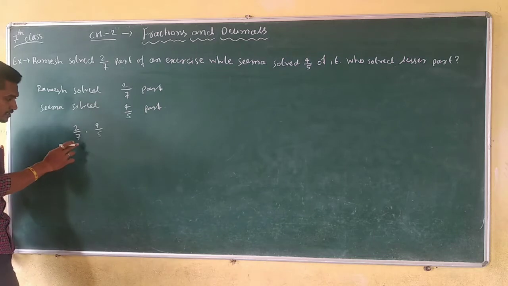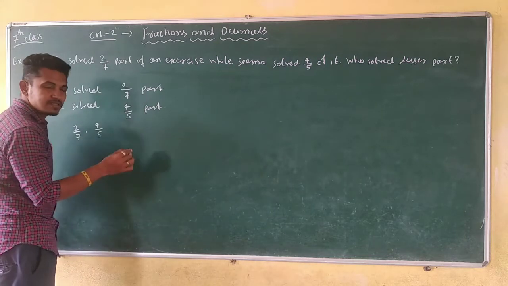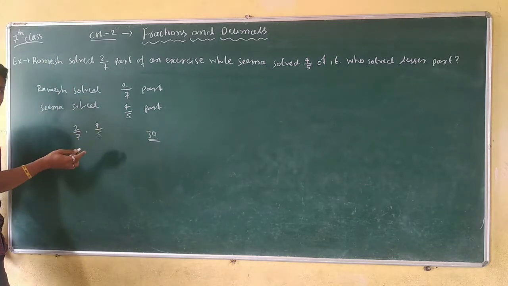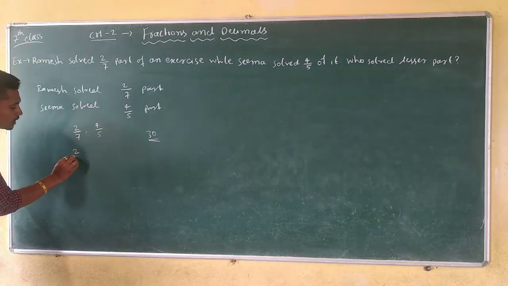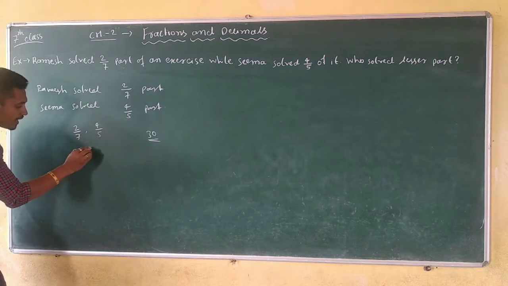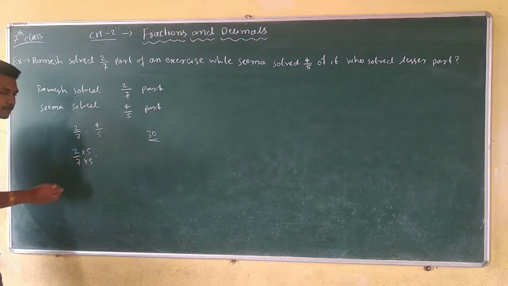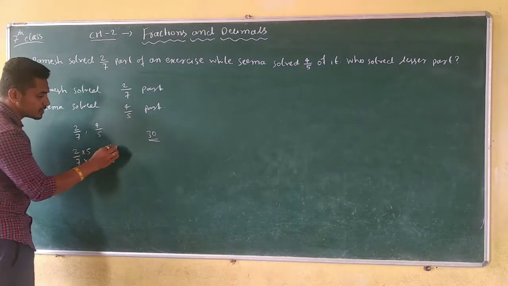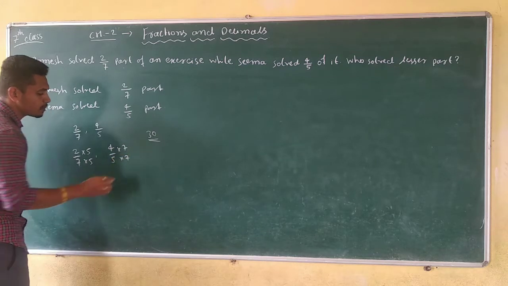How is it done? See here, 7 and 5. The LCM of 7 and 5 is 35. So 2 divided by 7: 7 5s are 35, so multiply by 5. Next, 4 divided by 5: 5 7s are 35, so multiply by 7.